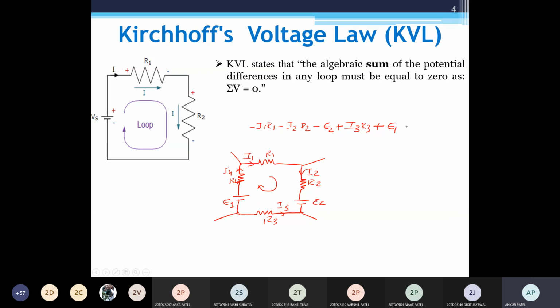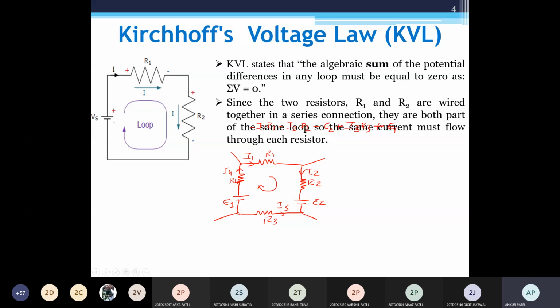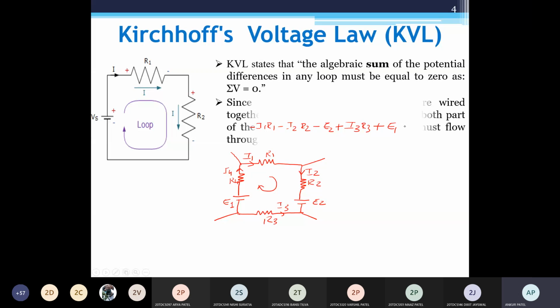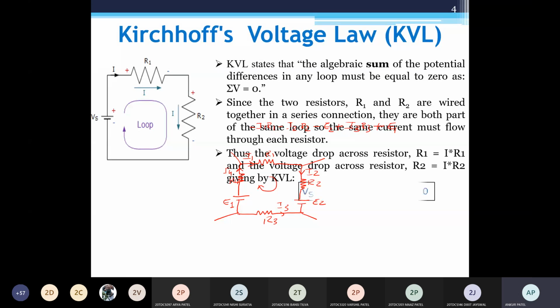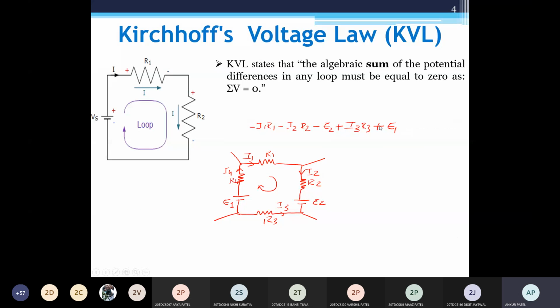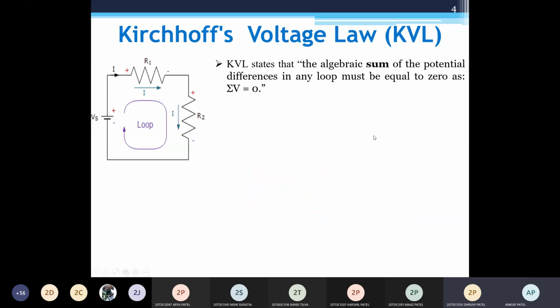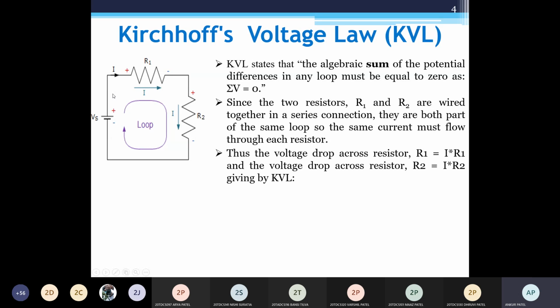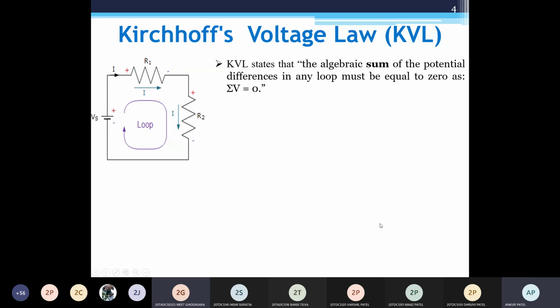Have you understood this? This is minus I4 R4, okay? So the equation again.